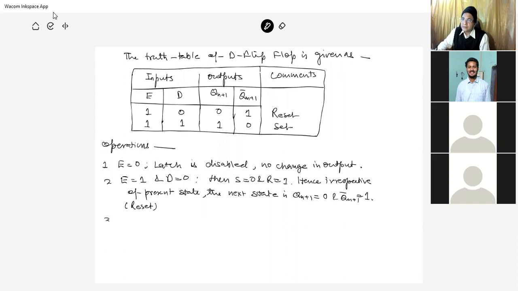The third is E is equal to 1 and D is equal to 1. Then S is equal to 1 and R is equal to 0.